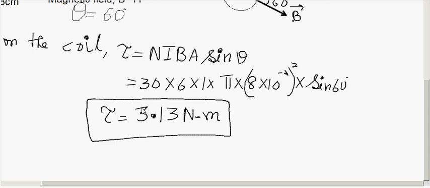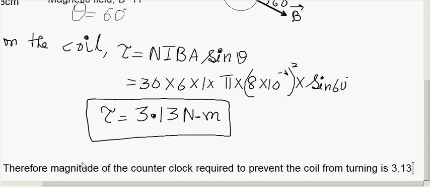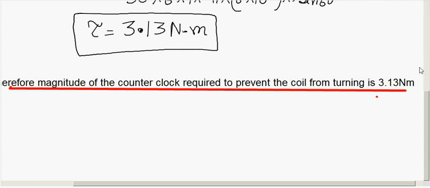Therefore, the magnitude of the counter torque required to prevent the coil from turning is equal to 3.13 Newton meter. Now next we have another question.